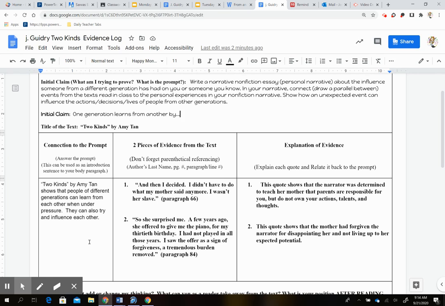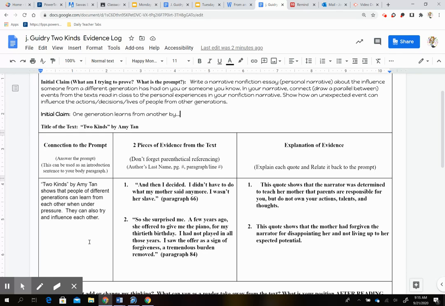So then I have to come up with two pieces of evidence. The first piece that my first group came up with was, "and then I decided I didn't have to do what my mother said anymore. I wasn't her slave." And this is paragraph 66.